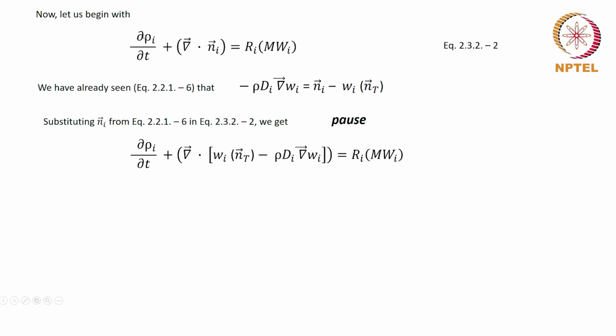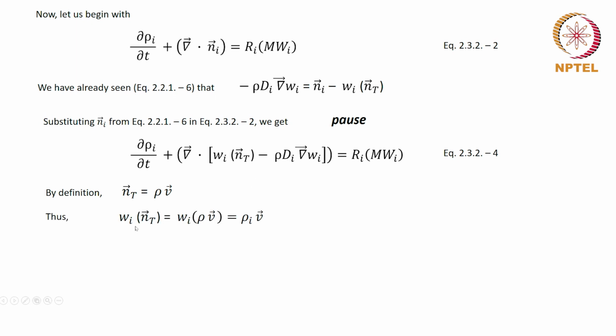Hopefully you got ∂ρi/∂t plus del of Wi Nt minus ρ Di del of Wi, that is the expression for Ni from this, equals Ri molecular mass of i. We will call this 2.3.2-4, and by definition Nt is nothing but ρv, right? That's flux is nothing but density times velocity. That's what we saw in the very beginning.